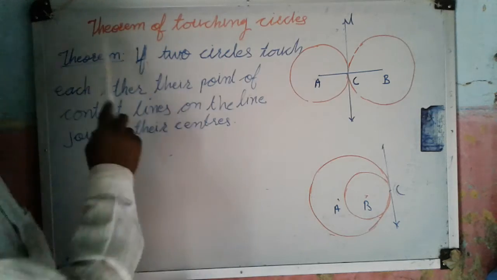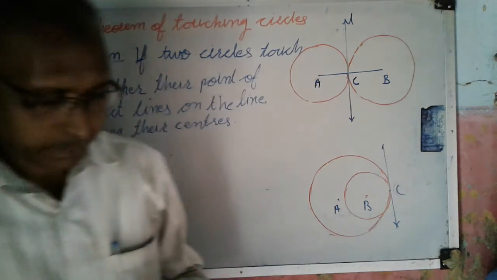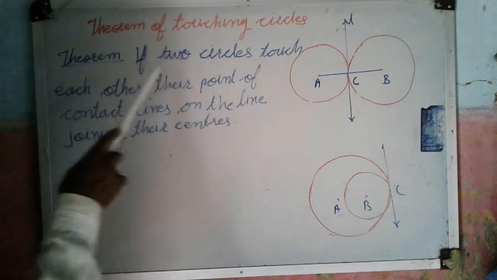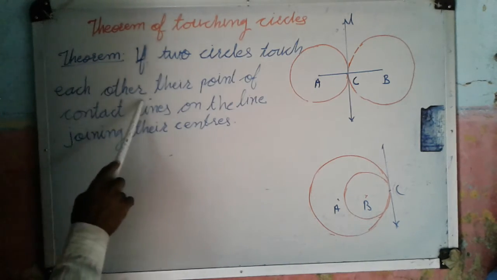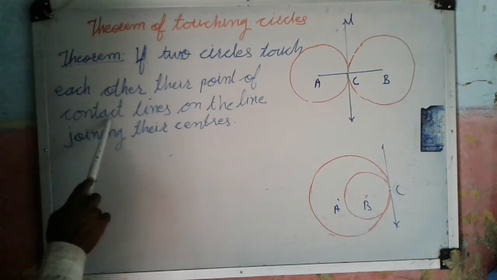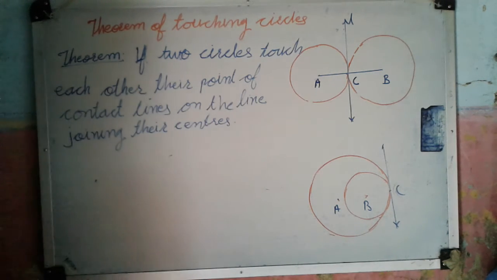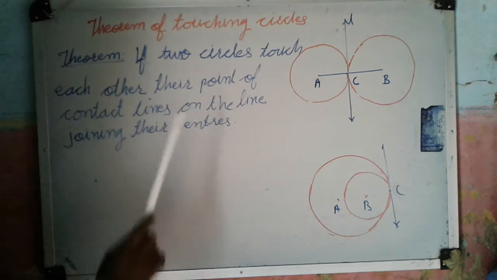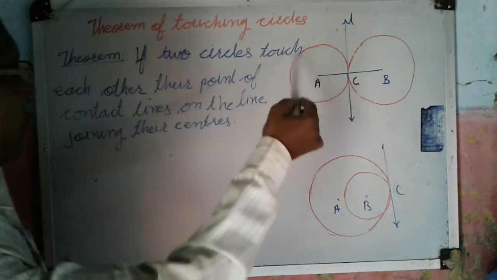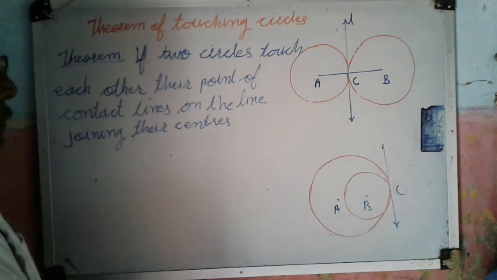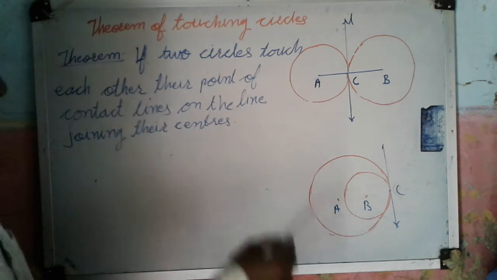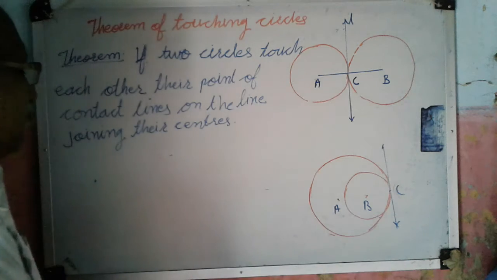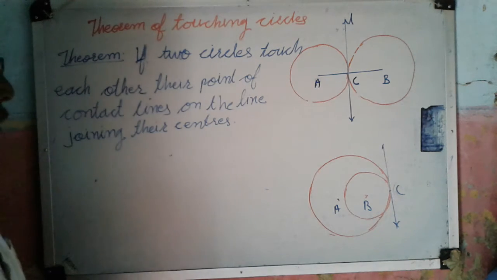Now the theorem of touching circles. The theorem is: if two circles touch each other, their point of contact lies on the line joining their centers. Suppose two circles touch each other, then their point of contact, that means this point C, lies on the line joining their centers.